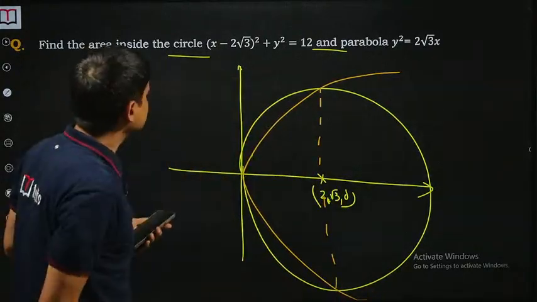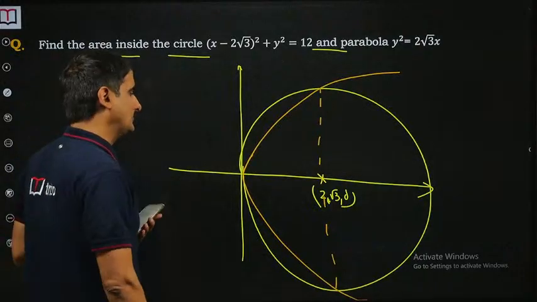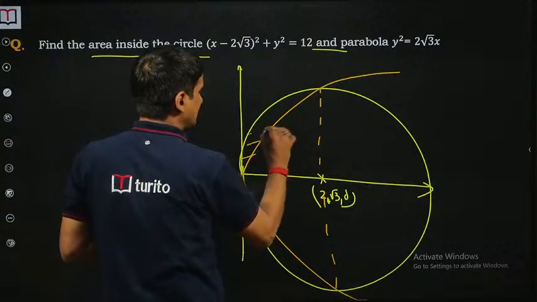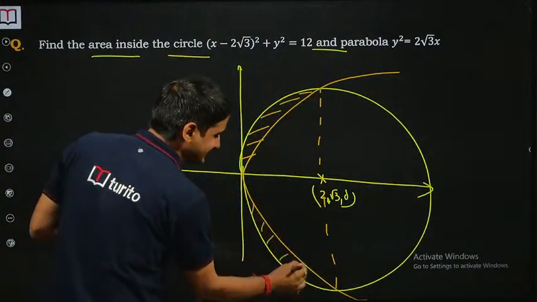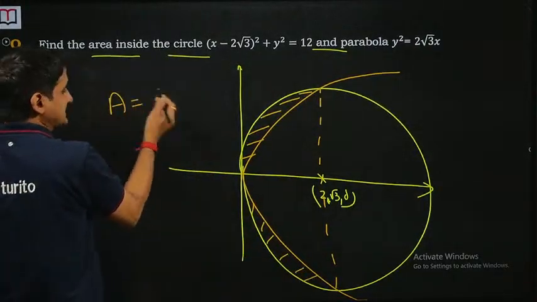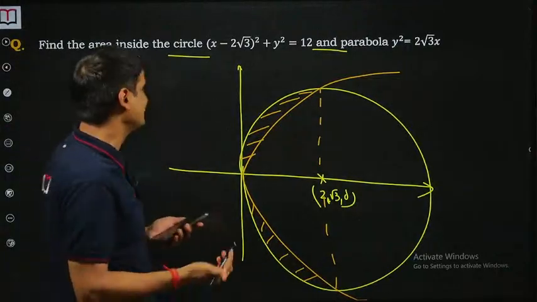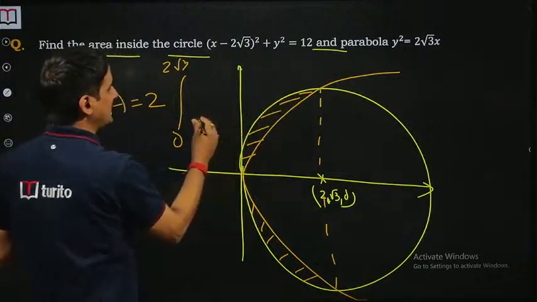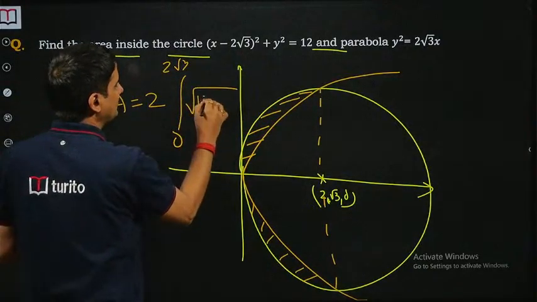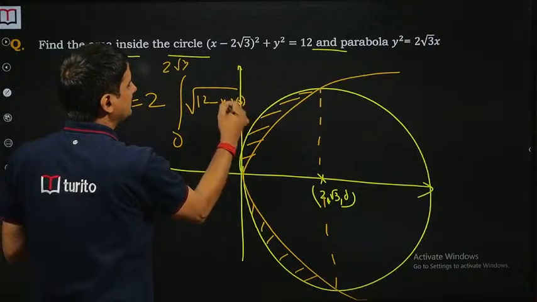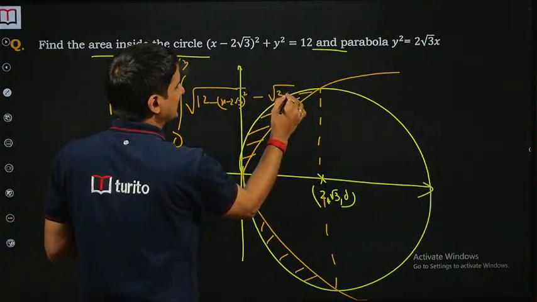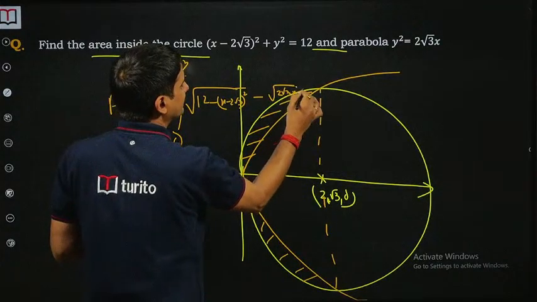So the area inside the circle and the parabola. From the statement here, I will say, I am using the word if here, it will be 2 times the integral from 0 to 2 root 3 of the upper curve, which is a part of the circle, under root of 12 minus (x minus 2 root 3) whole square, minus the lower curve, which is under root of 2 root 3 x, dx.